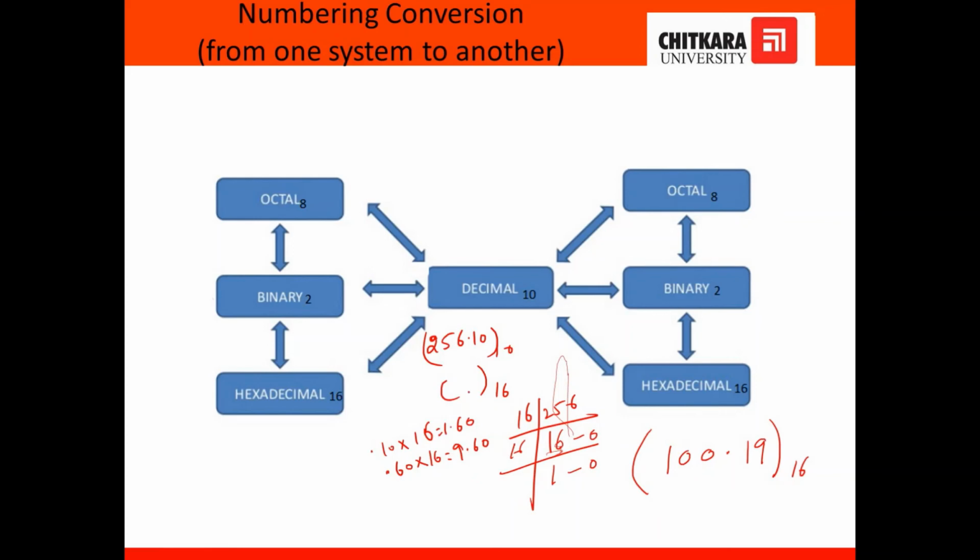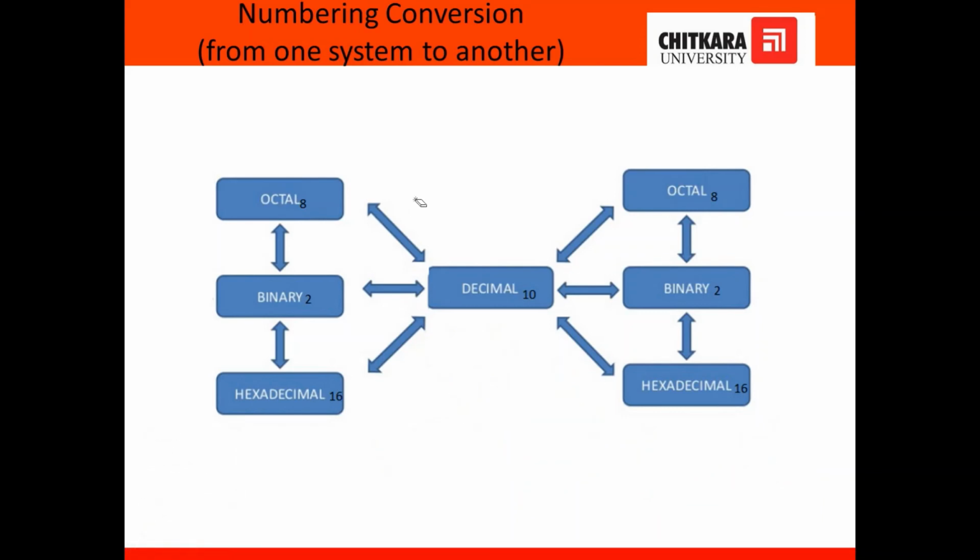So similarly with the octal number. Let's do the vice versa. Okay. So if I am having a number, for example 80, okay, let's take 405.1 in base 8, and I have to convert it into decimal.